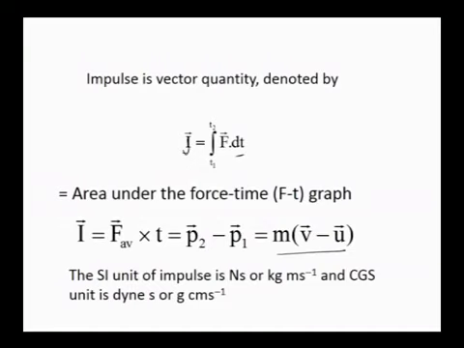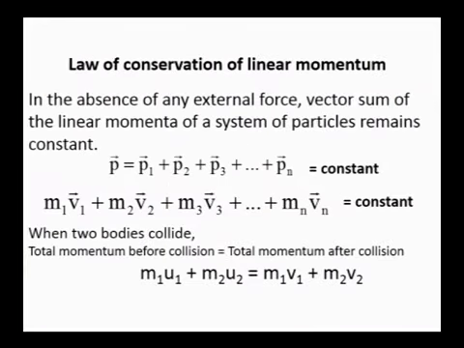The SI unit of impulse, unlike force, is not Newton but Newton second, or kg meter per second. In CGS units, it is gram centimeter per second.